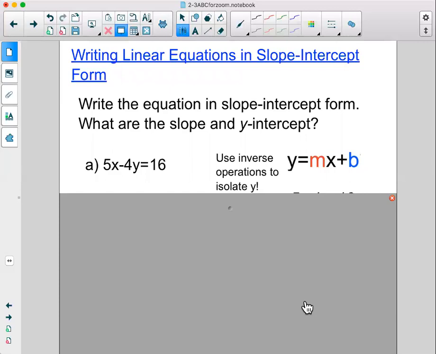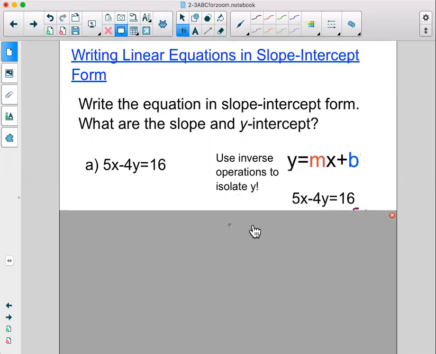All right, now what if it's not a special case, vertical or horizontal? But what if you wanted to get it into slope-intercept form, y equals mx plus b? Well, in that case, you'd use your inverse operations to get y alone. So we're given this other form, the standard form of a line, and we want to get it into slope-intercept form.